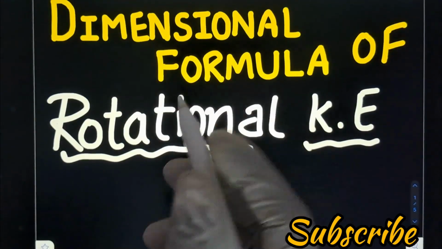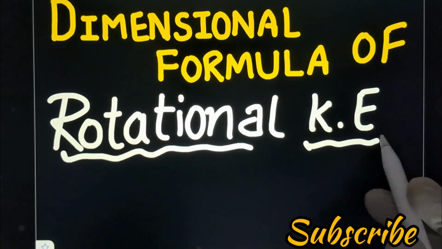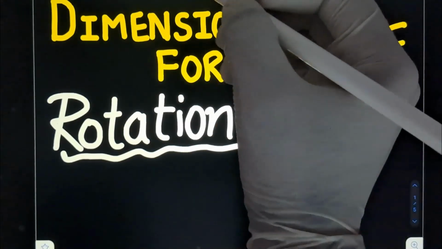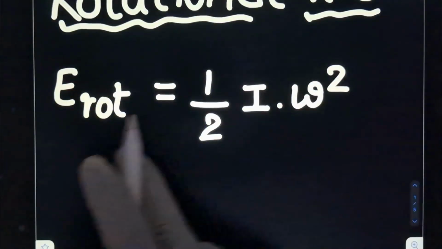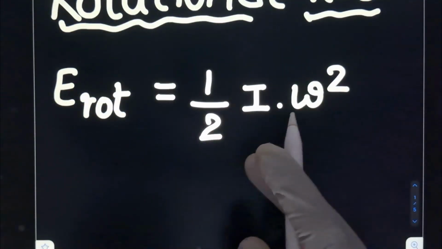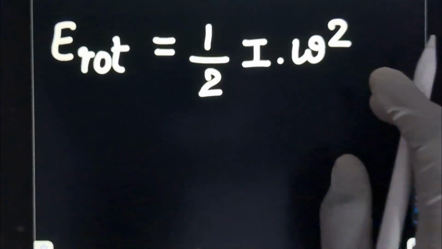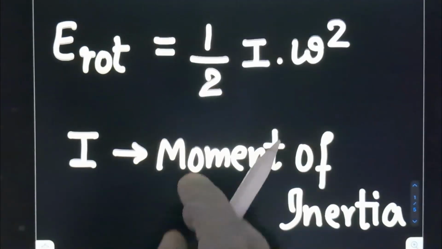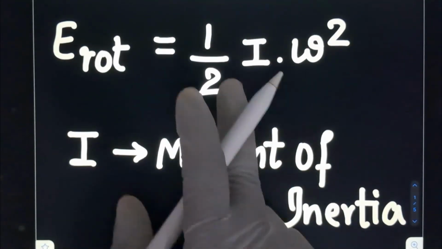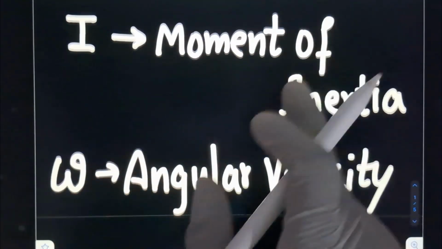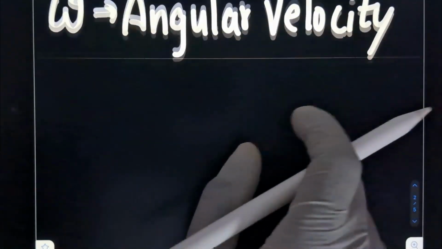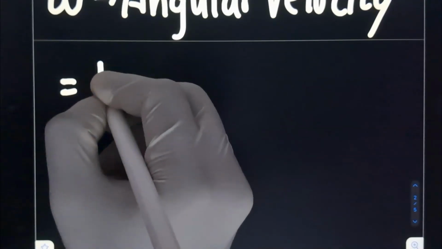To find the dimensional formula of rotational kinetic energy, the formula is rotational kinetic energy equals half I omega square. Here I represents the moment of inertia and omega represents angular velocity. You should first learn the dimensional formulas of angular velocity and moment of inertia.